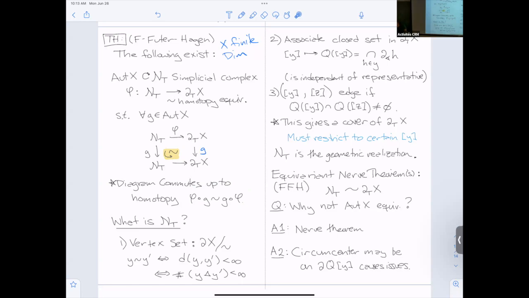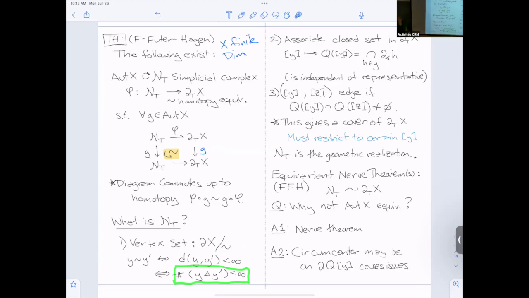As its vertex set, we're going to look at the Roller boundary modulo an equivalence relation. That equivalence relation will correspond to having finite distance, and that finite distance is equal to the symmetric difference of those as sets. Remember, being in the Roller compactification, I think of it as being a set.